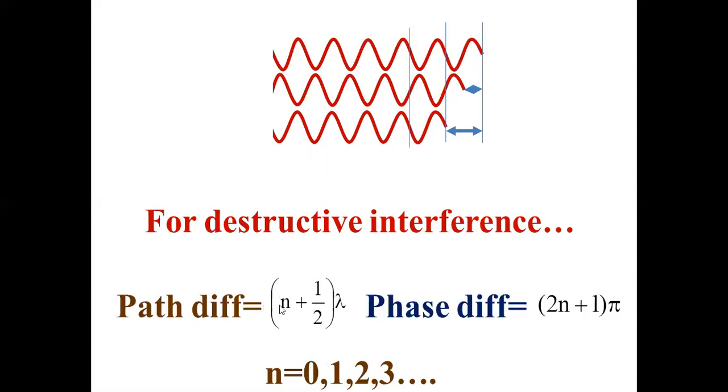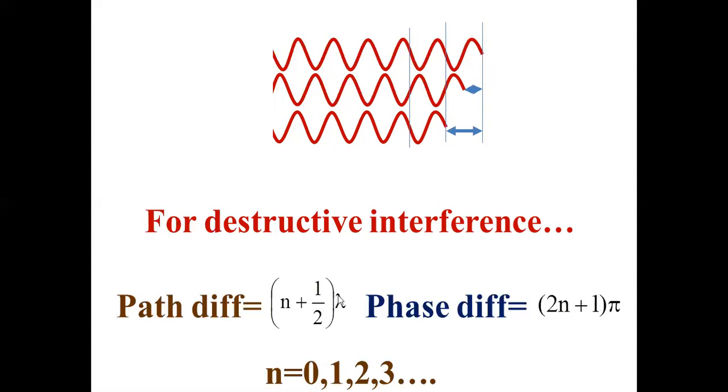So if the path difference is n plus half lambda, put n equal to 0, what you will get? Half lambda. This difference. Put n equal to 1, you get 3 by 2, 1.5 lambda. So it should be crest falling on trough. Then the phase difference is 2n plus 1 pi.